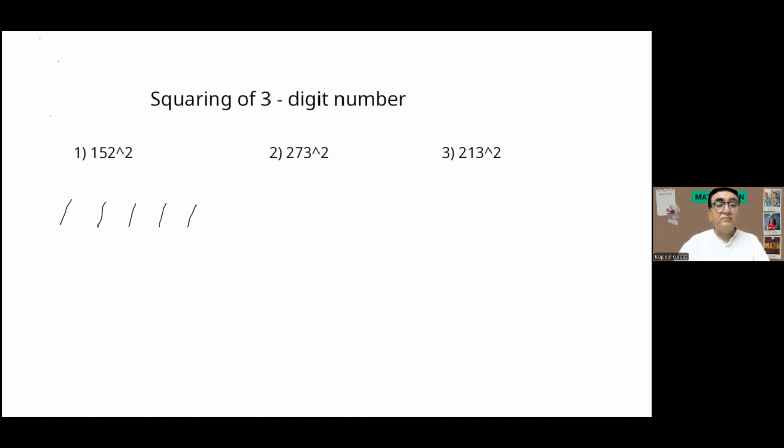So what I have to do, the digit at the unit place is 2. So that's a single digit. If I have to find the duplex of a single-digit number, that is 2, I'll be doing 2 square. So I get 4.